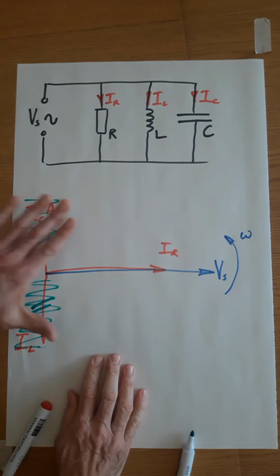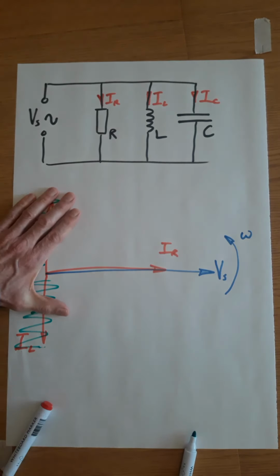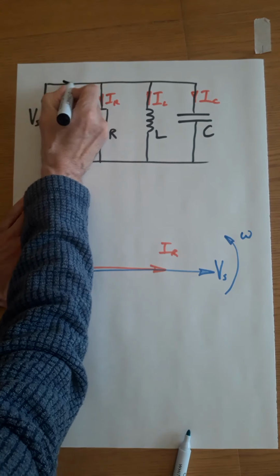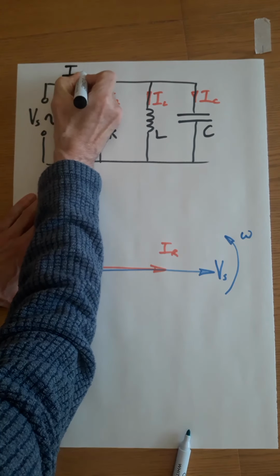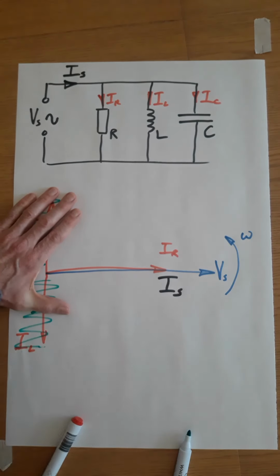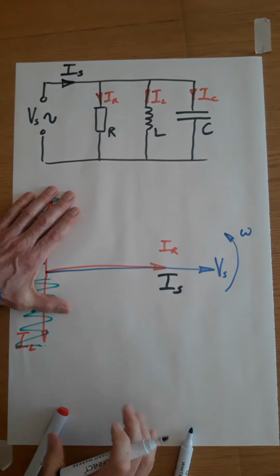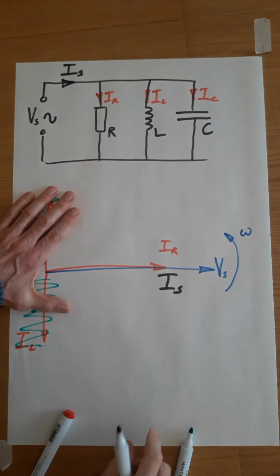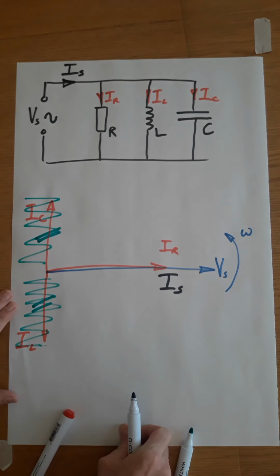And we're back to a situation where the current that is going through our supply is now just the resistor current. Okay, all the currents are flowing, but the inductor current and the capacitor current cancel each other out.